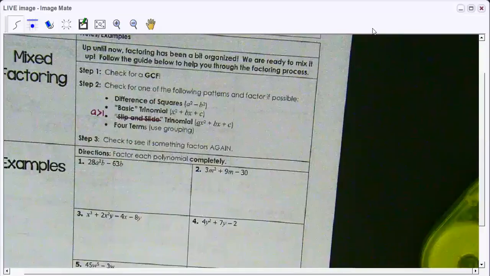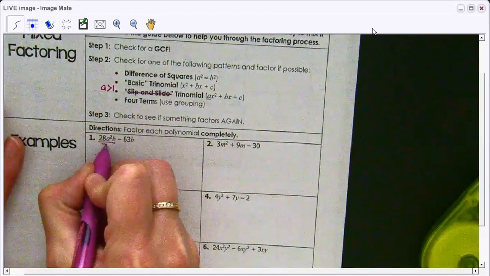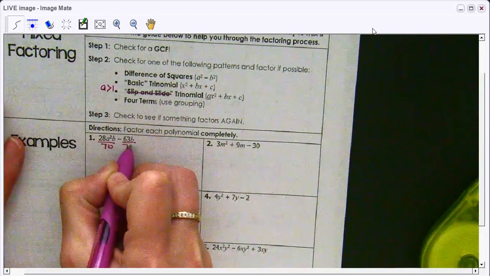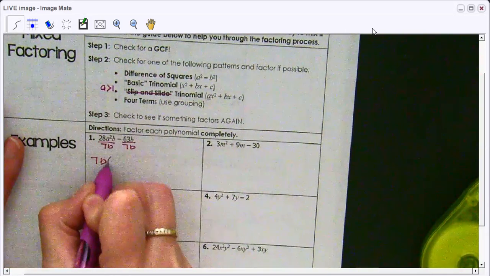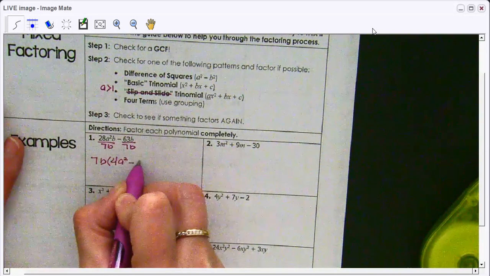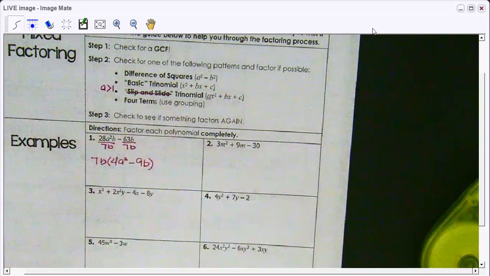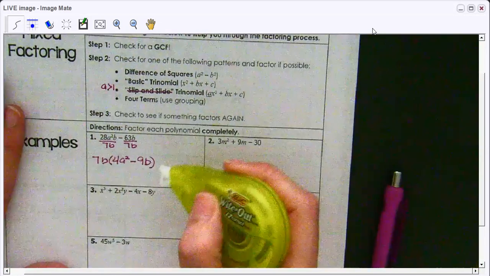Okay, so the greatest common factor is 7b. So I'm going to factor that out. 7b times 4a squared minus 9b. Okay, so we did step 1. Oh, you're right, 9.